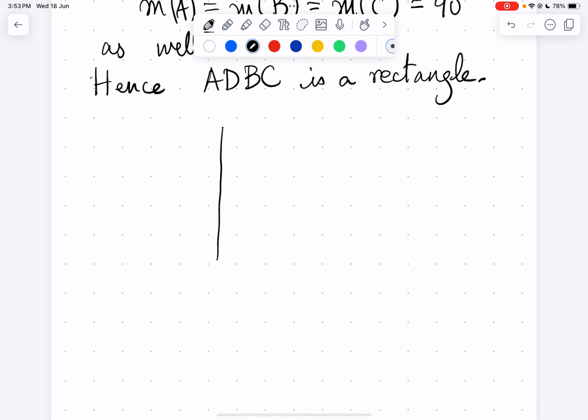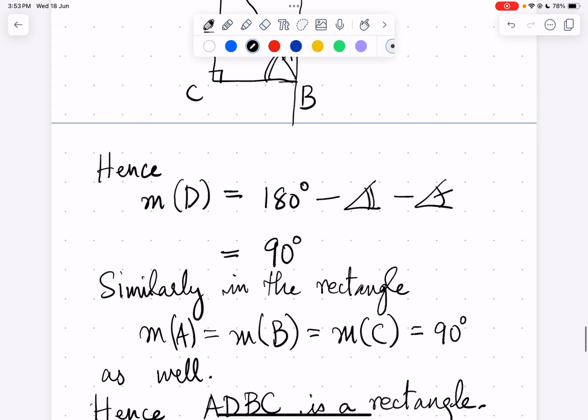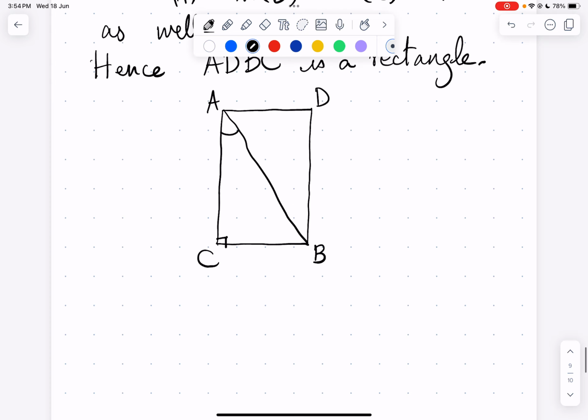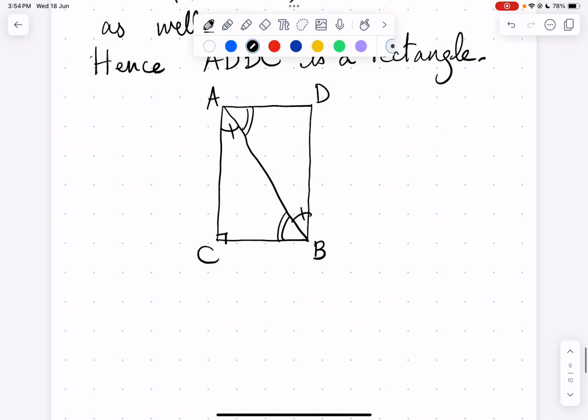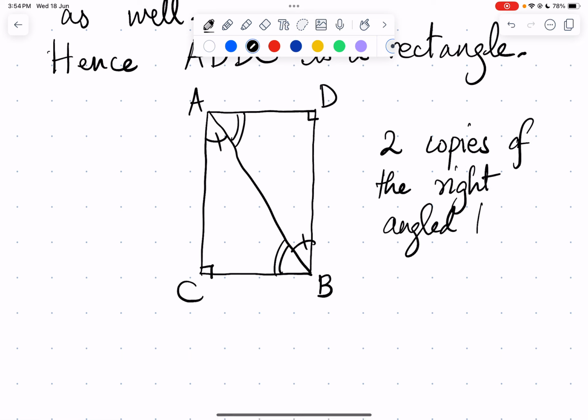So in this rectangle ADBC, you have two copies of the right angle triangle.